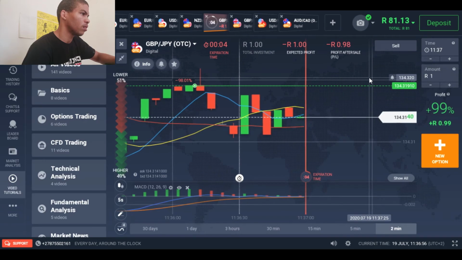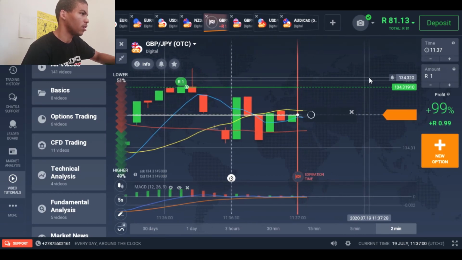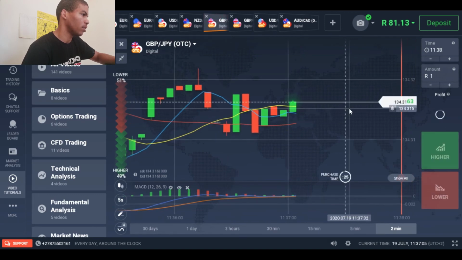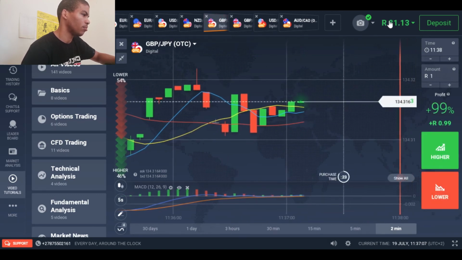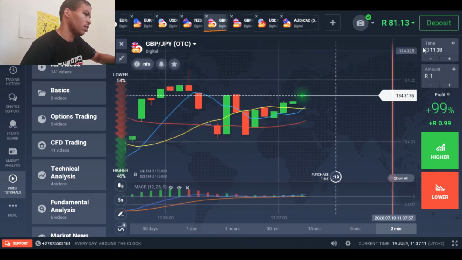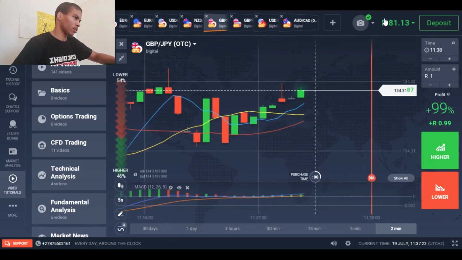If you don't want to put money into the game to practice, what you do is you go to the top here. You have a real account and you have your practice account, and if you lost all your money in your practice account, you could just top it up back to $10,000. So what you do is you just practice on that account the whole time if you want.